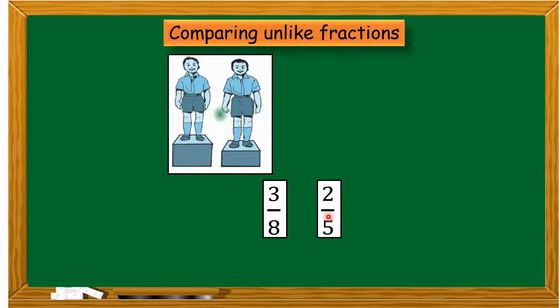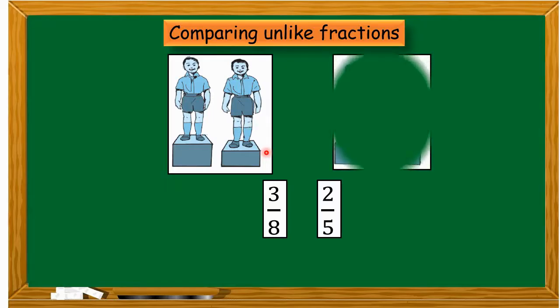As you can see here in the picture, these two boys are standing on two blocks. Now, how do we decide who is taller? The heights of the blocks are not the same. If both blocks are of the same height, it will be easy to tell who is taller.